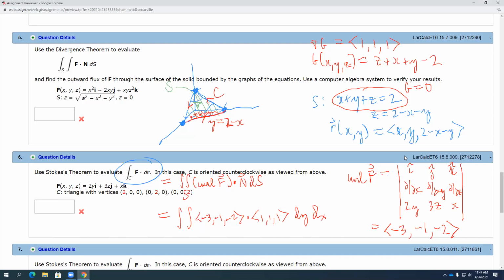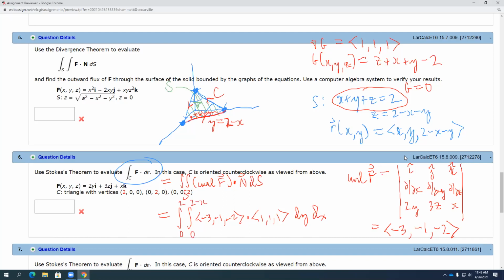So let's go dy dx here, and think about the limits of integration. What would x be going between? 0 and 2. And as that's happening, y goes between 0 and 2 minus x.